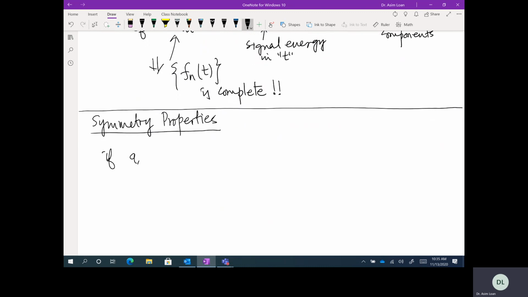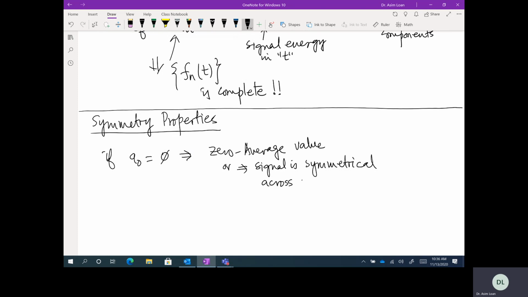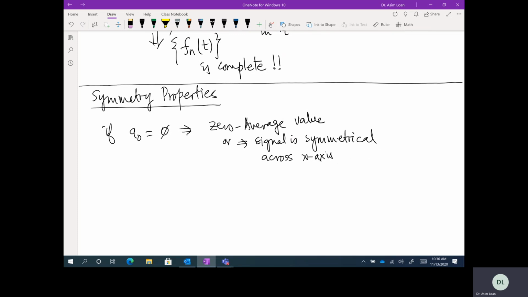If A naught is equal to 0, this implies 0 average value, or this implies the signal is symmetrical across the x-axis, or the t-axis.